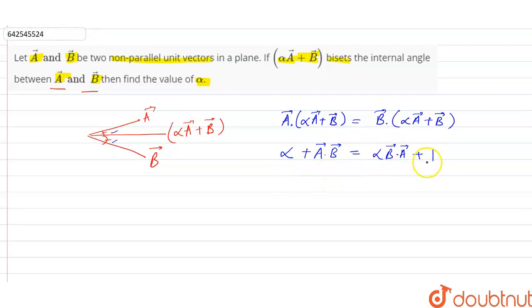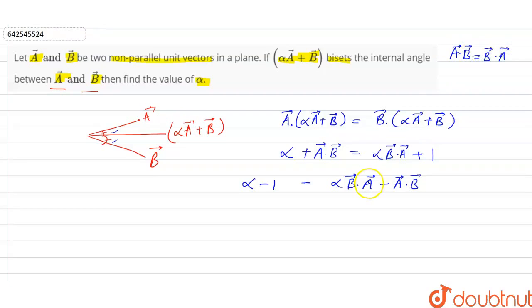So if we transfer this 1 to the left hand side, we get alpha minus 1 is equal to alpha B vector dot A vector minus A vector dot B vector. Now there is a property which says that A vector dot B vector is equal to B vector dot A vector.